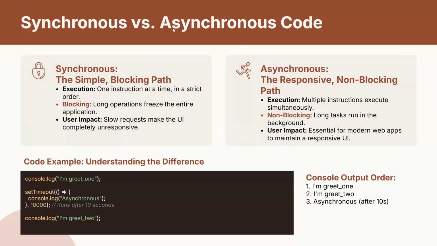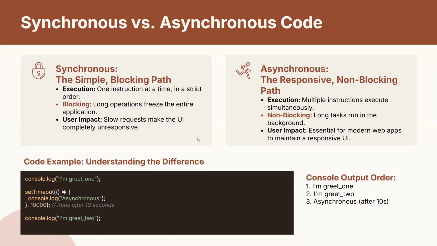So here's one simple example to visualize it at the bottom. In this code, we're putting up a console log statement that says I'm creating number one. And then there is a function called set timeout, which appears in the middle. Even though it appears in the middle, JavaScript wouldn't wait. It would move on and execute this line of code right away that says I'm greeting two.